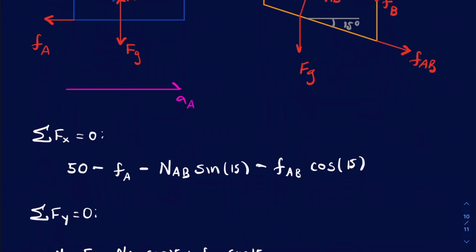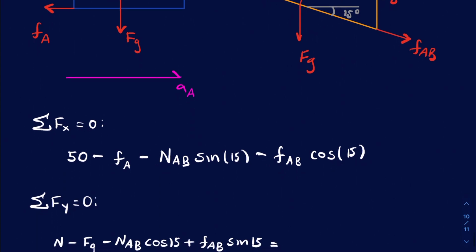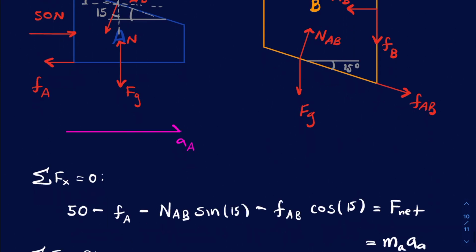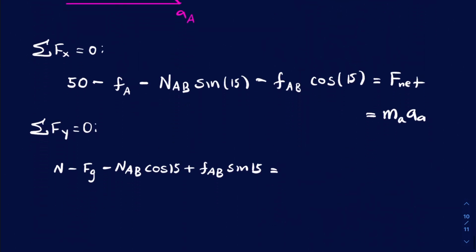So that means that all of these forces equal the net force. And the net force is also equal to the mass of A times the acceleration of A, if you remember Newton's first law. Since block A isn't moving in the y direction, the equations in the y direction are going to equal 0.